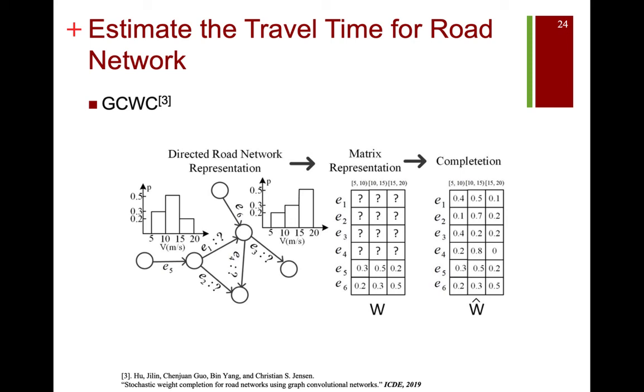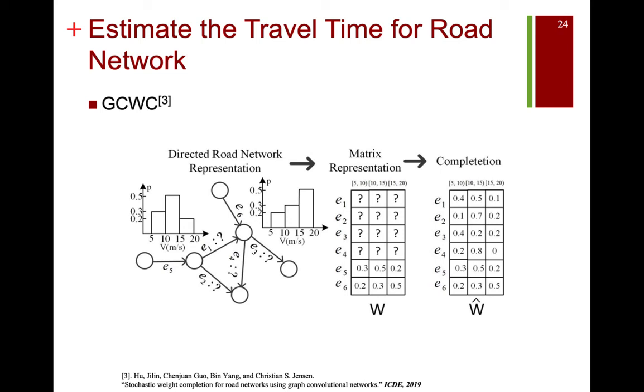We usually can easily get a travel time distribution for some road segments where the traffic is very busy. But as you can imagine, not every road segment has vehicles running on it, especially when given a specific time interval. Usually, only a very small portion of the road segments contain traffic.